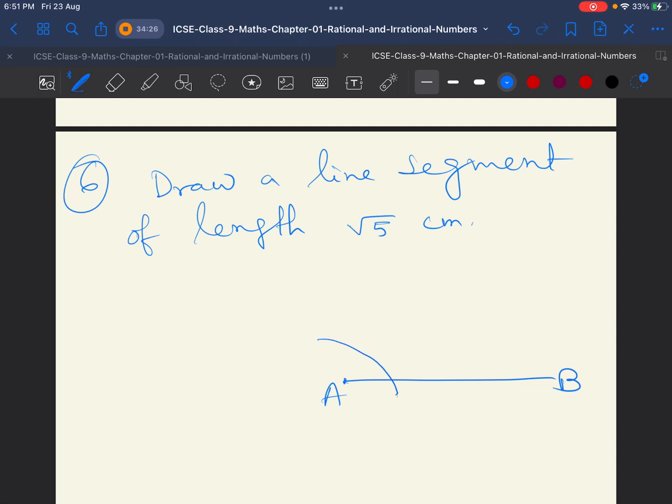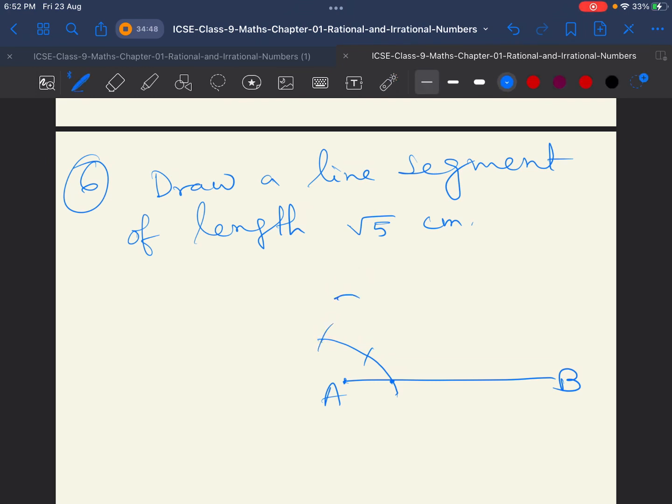So here, from this point we draw this line, and also from here we draw this line and also this line.